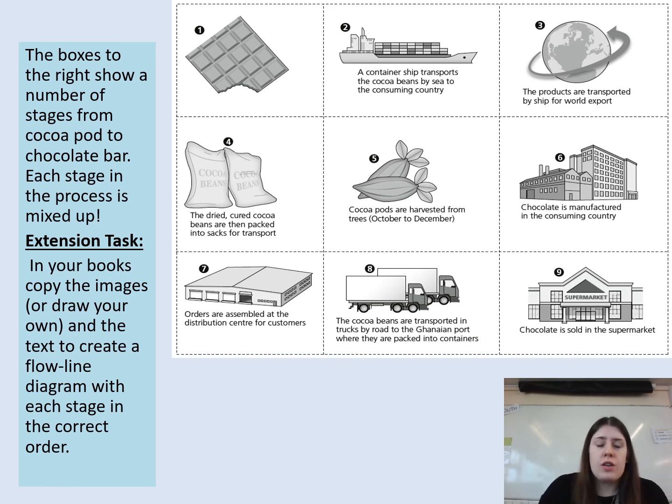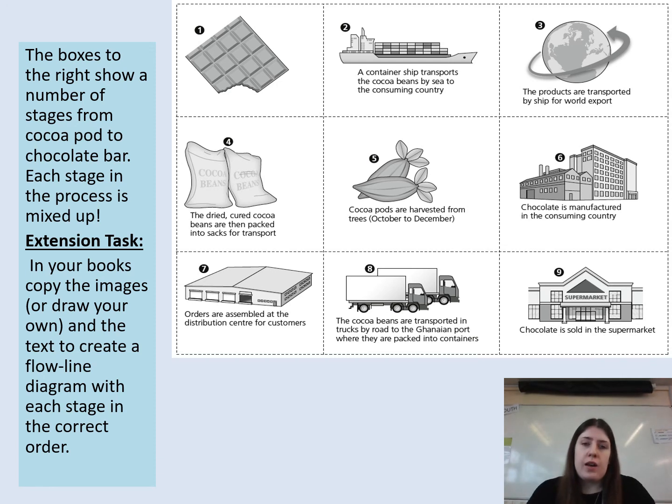And just on the last page is more of an optional task if you would like to do it. You've got 9 pictures with some description. The boxes basically show you the different stages of a cocoa pod to a chocolate bar.